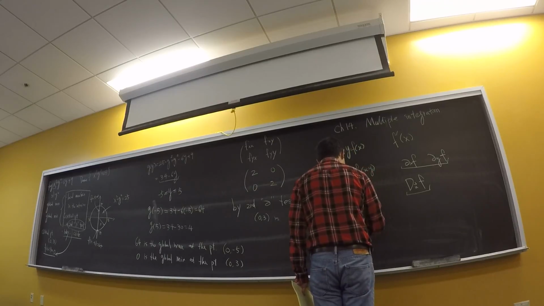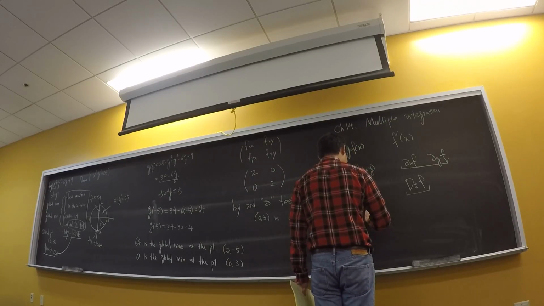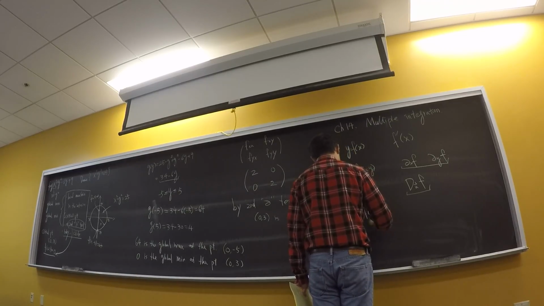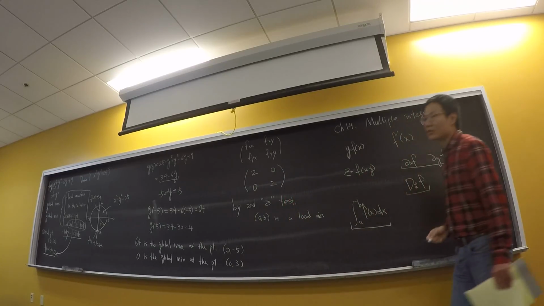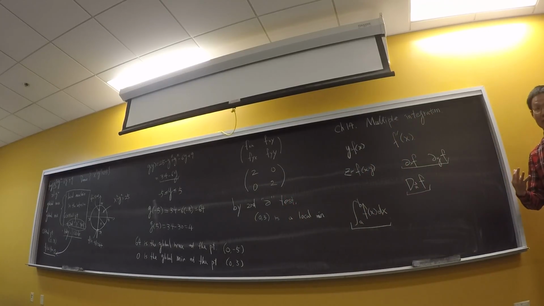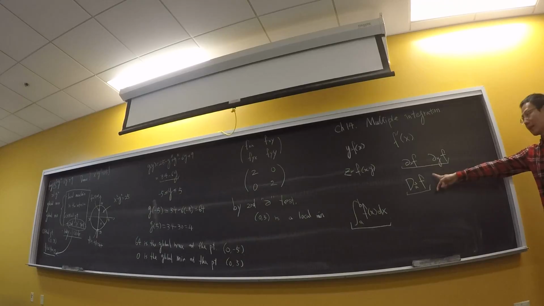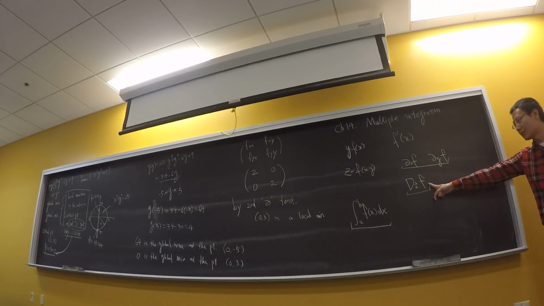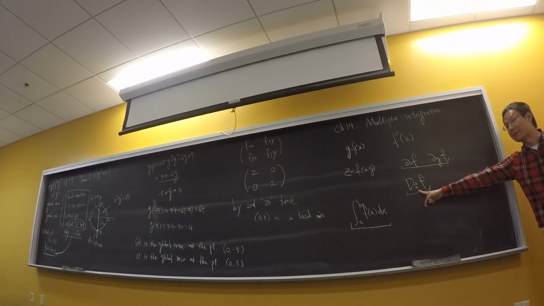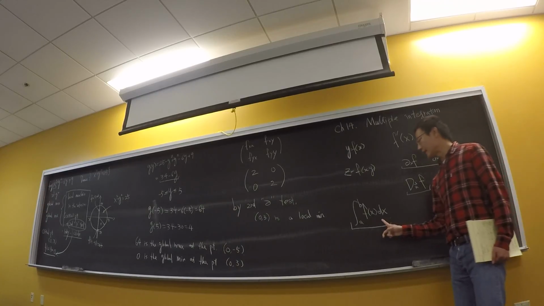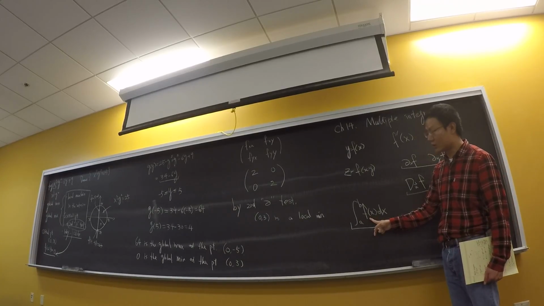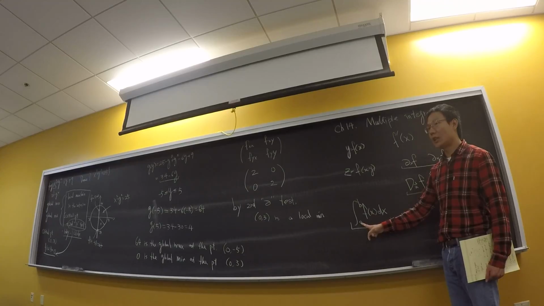However, if I'm taking the integral of f(x) dx, the single variable integral, if I want to take an integration of a function, I have to have two pieces of information as well: the function and an interval.